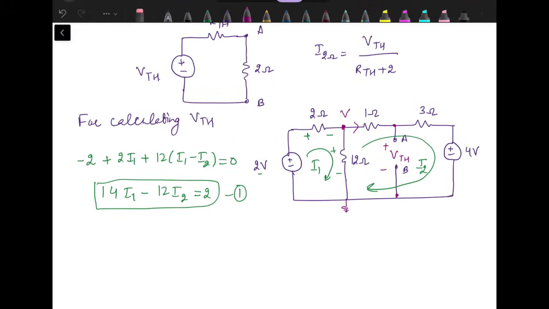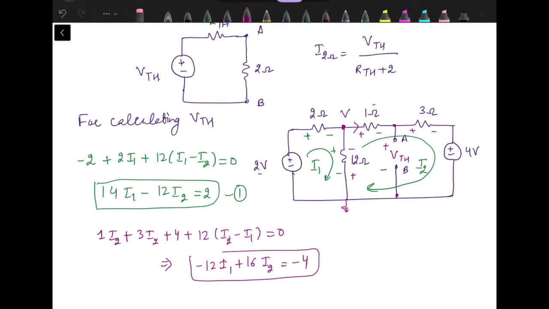Assign the voltage drop polarity for mesh 2 resistances. Starting from this 1 ohm resistance, it's 1 into I2, then 3 into I2 plus 4, plus 12 into I2 minus I1, equal to 0. This will give us the second equation as minus 12I1 plus 16I2 equal to minus 4.